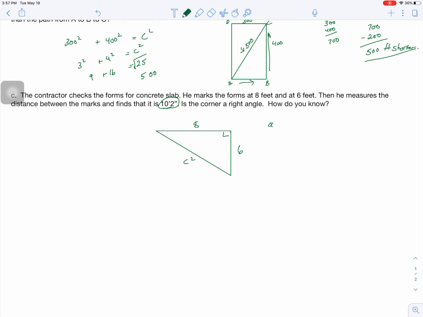So again, a squared plus b squared equals c squared. A squared is 36, b squared is 64, and that would get us to 100. Now the square root of 100 is c, which c would equal 10. So you can see that he needs it to be an even 10 feet.